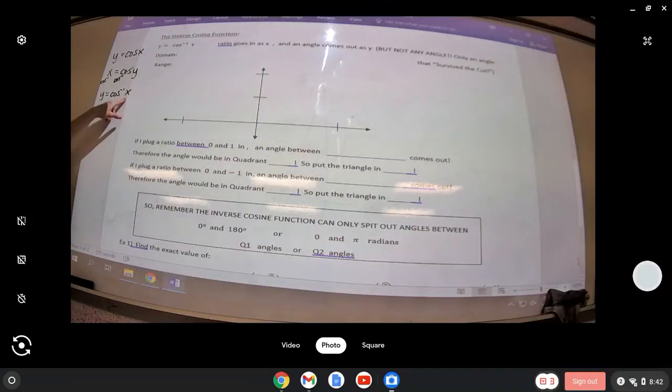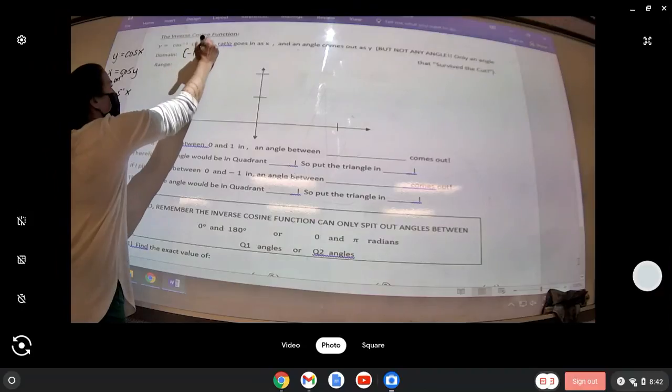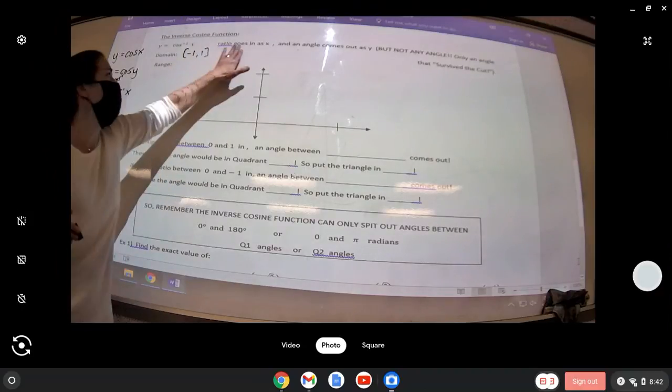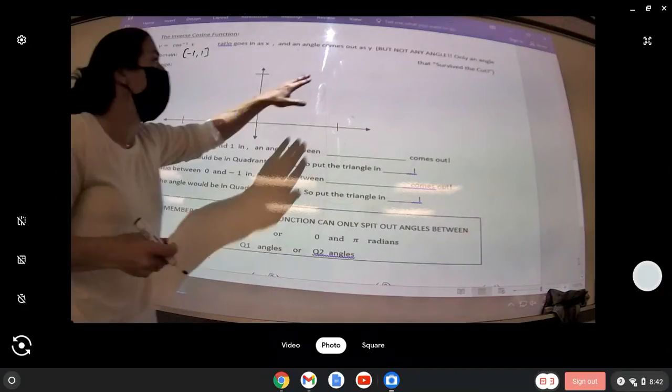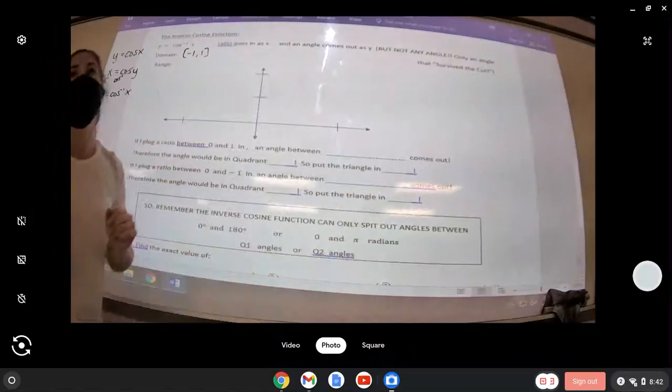So now you plug a ratio into the inverse, and what ratios survived the cut? All of them. Ratios from -1 to 1, right? A ratio goes in as x, and then an angle is going to be what comes out of the inverse cosine as y. But guys, not any angle, only an angle that survived the cut.